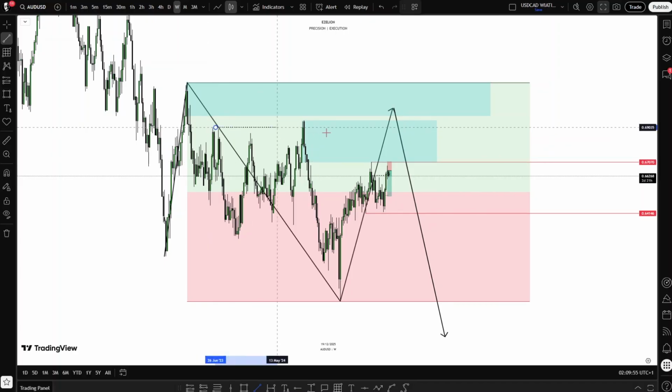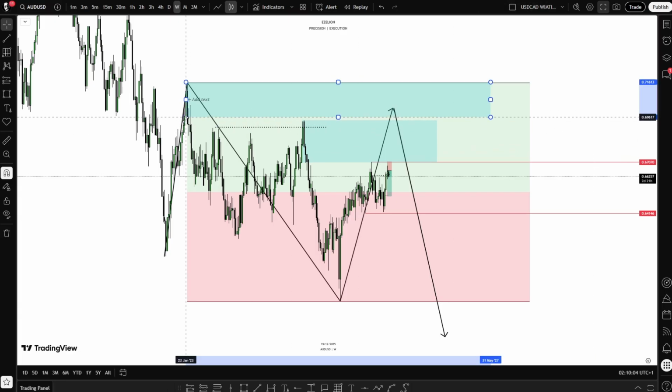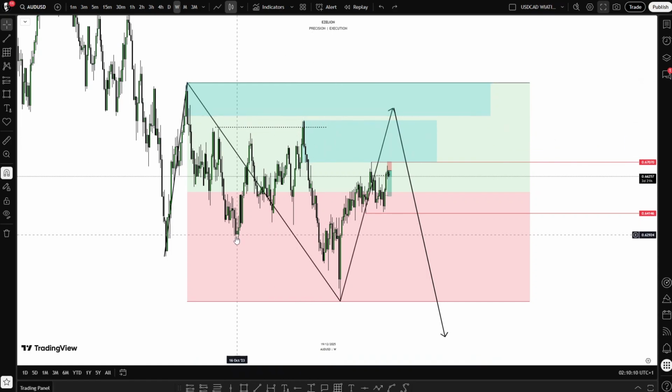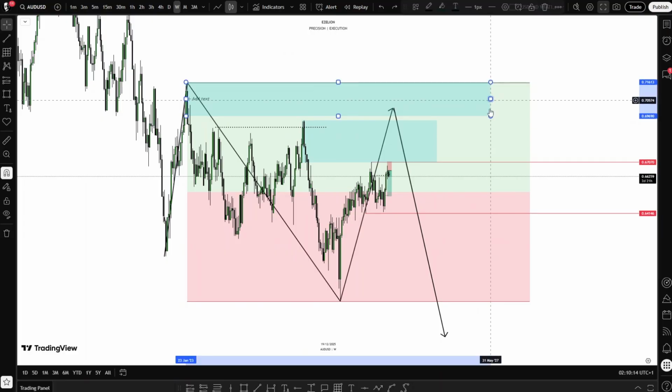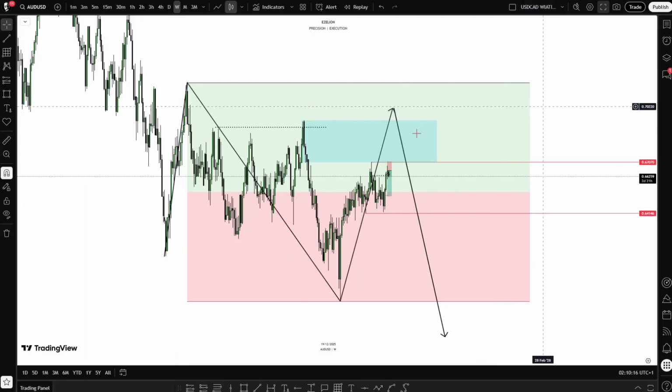So the characteristics of a high probability dealing range: you want to see a liquidity sweep. You want to see that it's sitting off a key level. If you have to take the second order block, you can see that it's tapped a key level. Then it breaks structure. Yes, this actually breaks structure at this point. So this is a characteristic of a high probability dealing range.